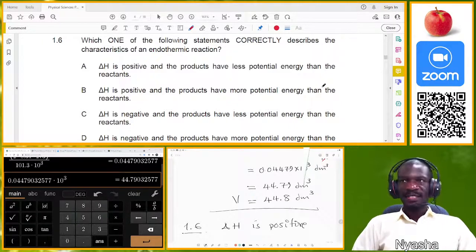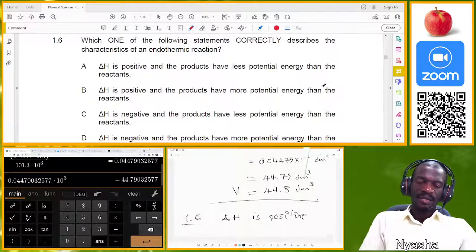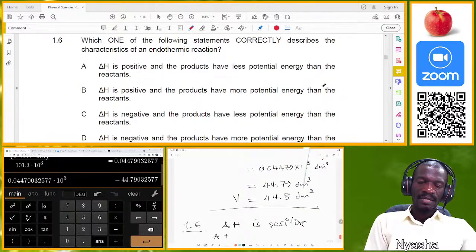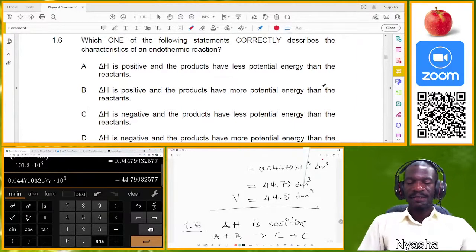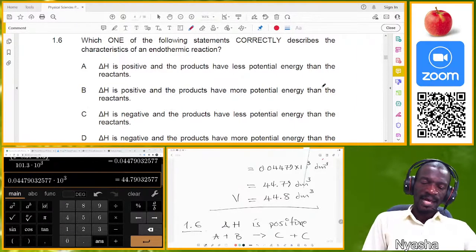When we started, we had some reactants. Let's just call it A plus B forming C plus D. They are in their states, maybe solid, liquid, aqueous, whichever way.